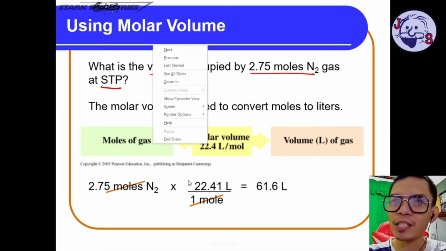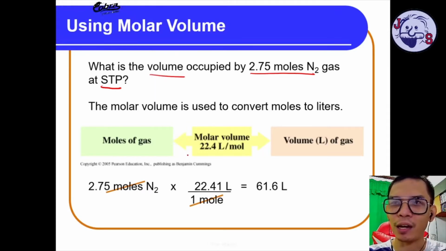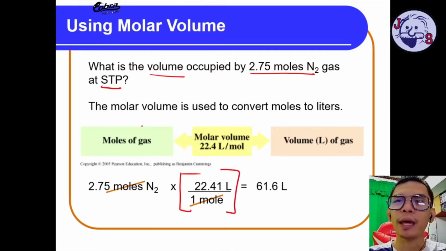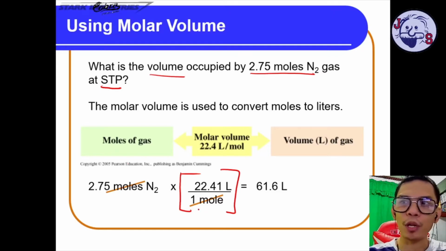As you can see here, this is the conversion factor that you saw earlier. This is the molar volume, and as long as you correctly place which one goes on the denominator and which one goes on the numerator, you don't have any problem. As long as you can cancel all the similar units in your solution, you are good to go.